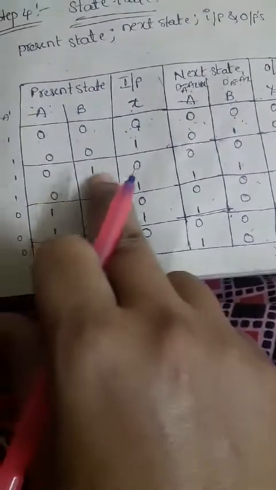Now coming to the 01 transitions. 01 reaches next state 00 when the input is 0 and the output is 1.